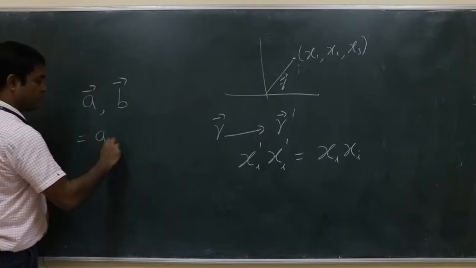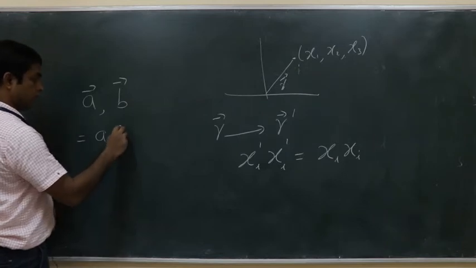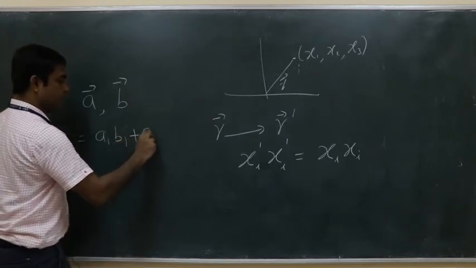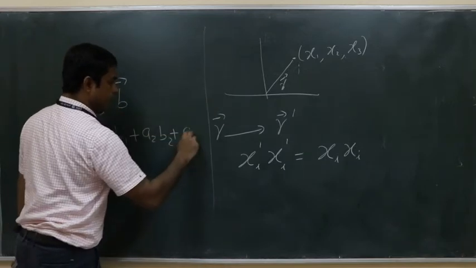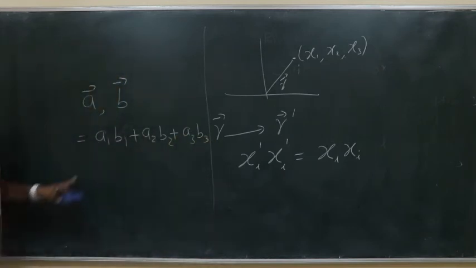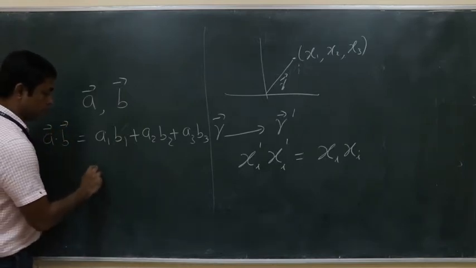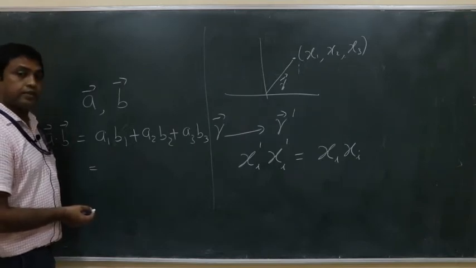Explicitly write down: A1 B1 plus A2 B2 plus A3 B3. So this is basically A dot B. Can I now write this using index notation and summation convention?